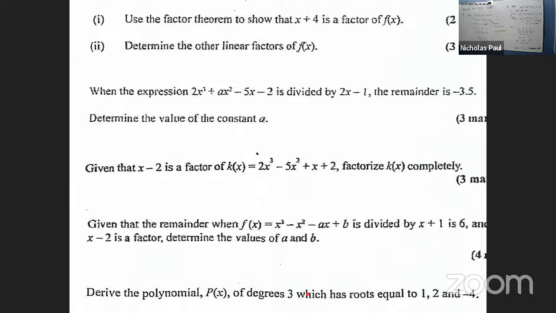They told you that this is divided by this and they give you the remainder. They want you to find A. How are we going to do that?